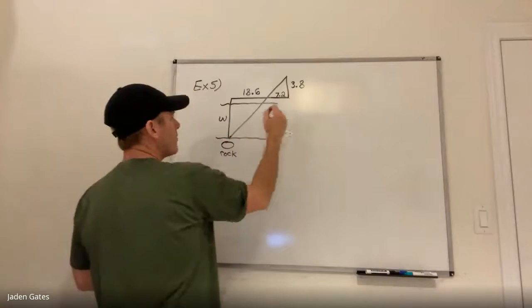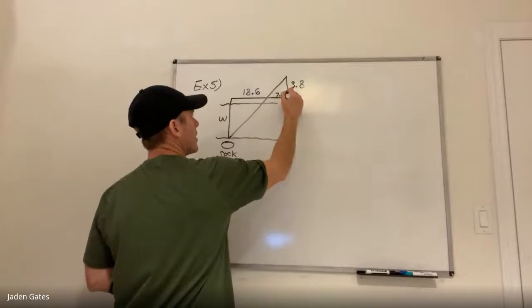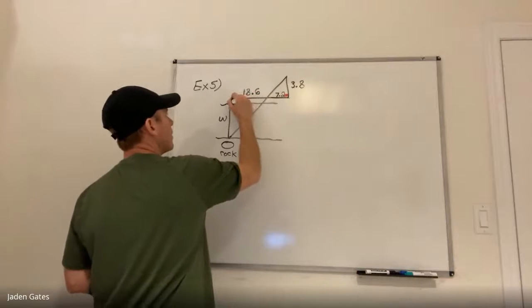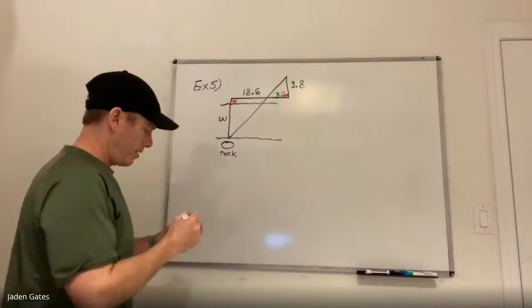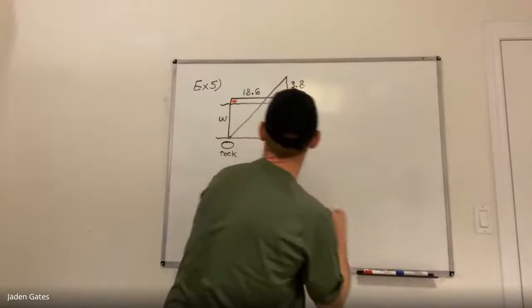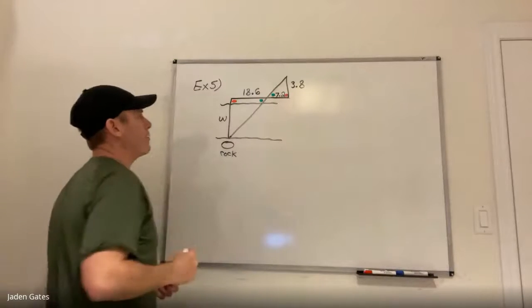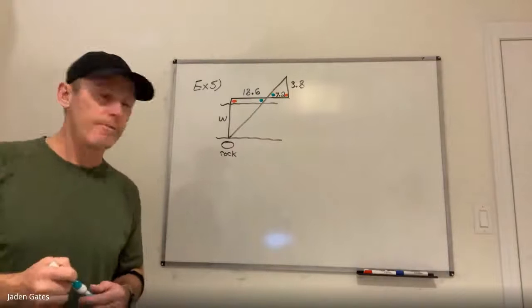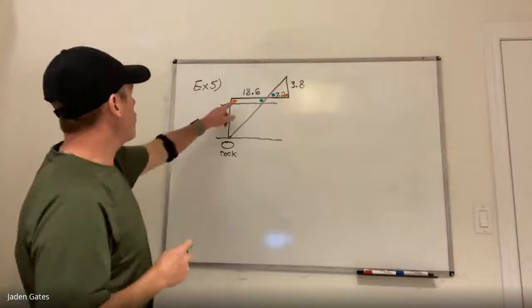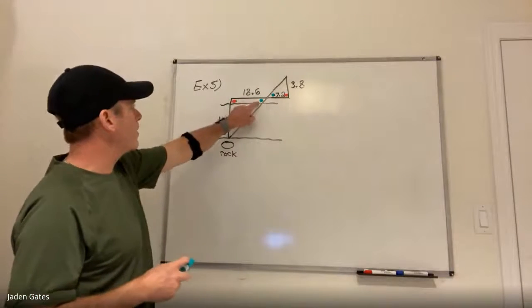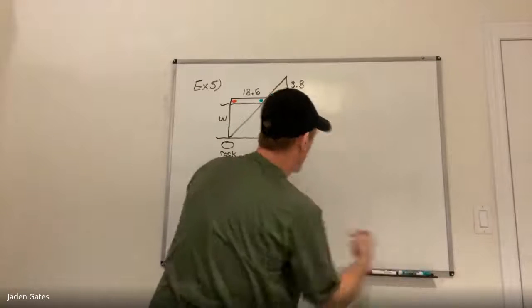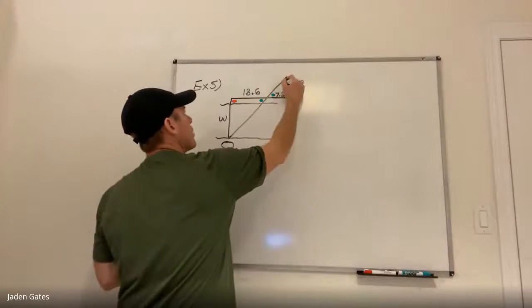If I look at my red angles, they're the same. These 2 angles, this one here and this one here, are the same because of the opposite angle theorem from grade 9 math. If those 2 are the same and those 2 are the same, then our third one must be the same. So I'm going to put that in blue.